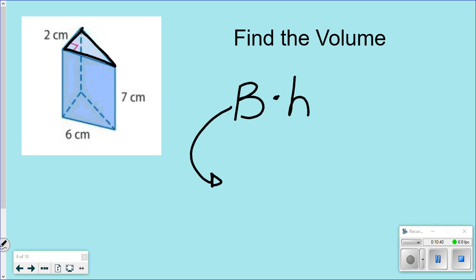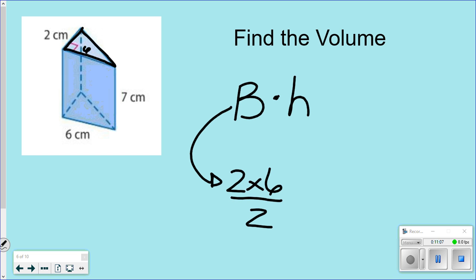What are the dimensions of that triangle? This is 2. Well, what's this? How can I figure this out? If this is 6, this has to be 6. So I have to find the area of this triangle for this big B. So 2 times 6, all divided by 2.